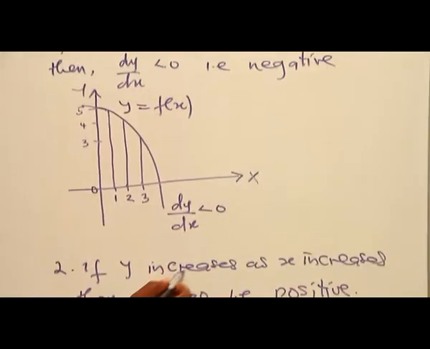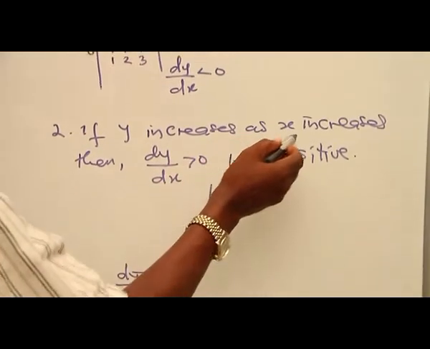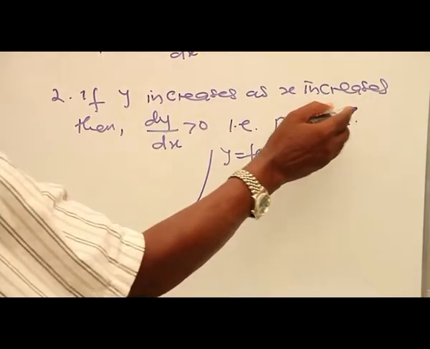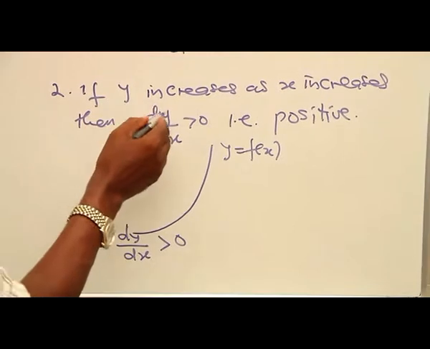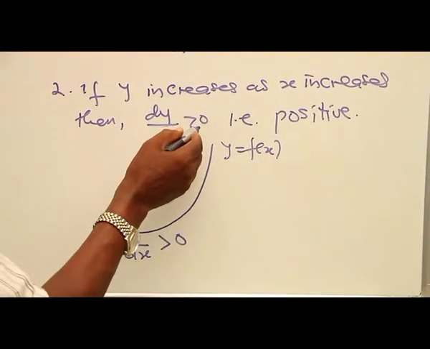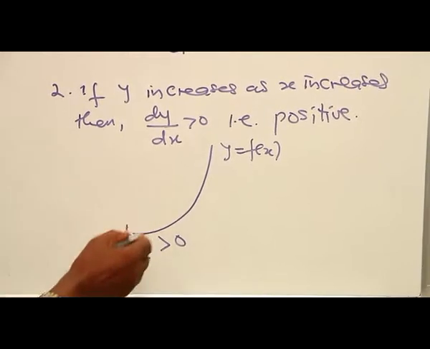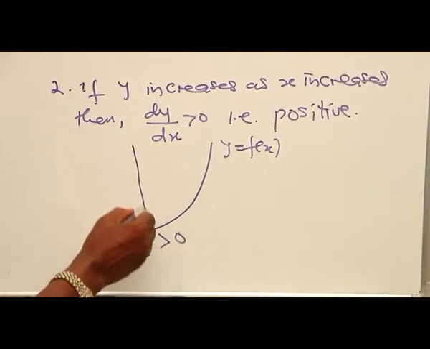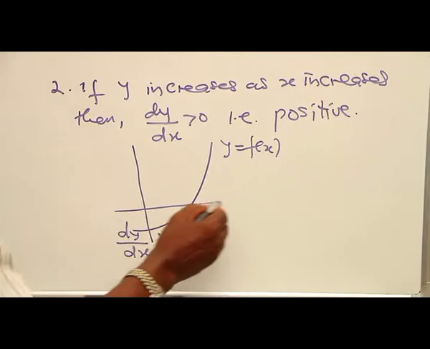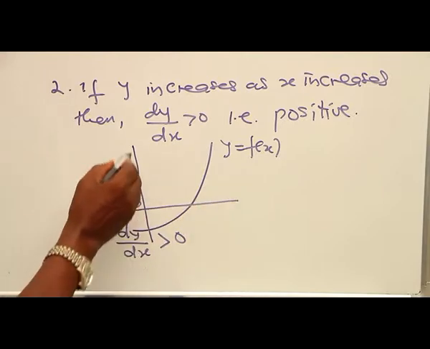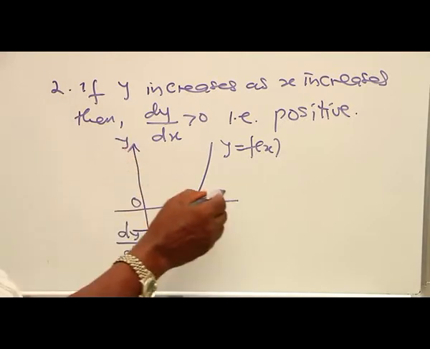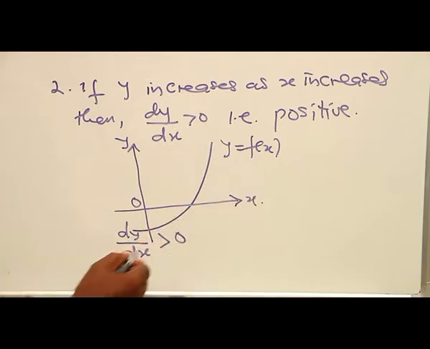Secondly, if y increases as s increases, then dy over ds must be greater than 0. That is positive. Take a look at this. Let's assume that this is our graph, and it goes like this. This is our origin. This is your y-axis. This is your s-axis.